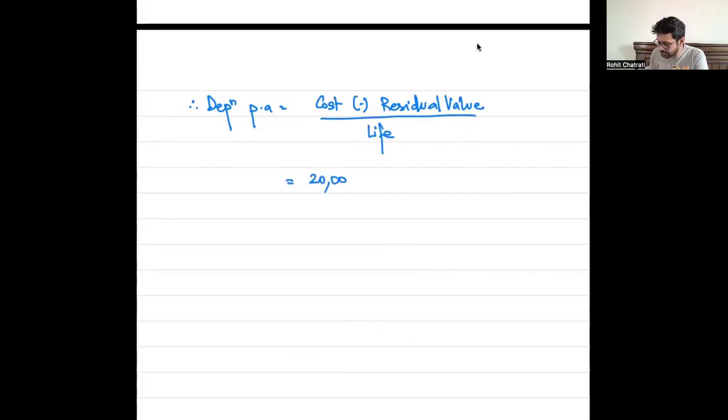Therefore, depreciation per annum is going to be equal to cost less residual value divided by life of the asset, which in this case is 20,000 lakhs less 500 lakhs, the whole divided by 8. Okay, so that's going to be 19,500 divided by 8, which is equal to 2,437.5 lakhs.